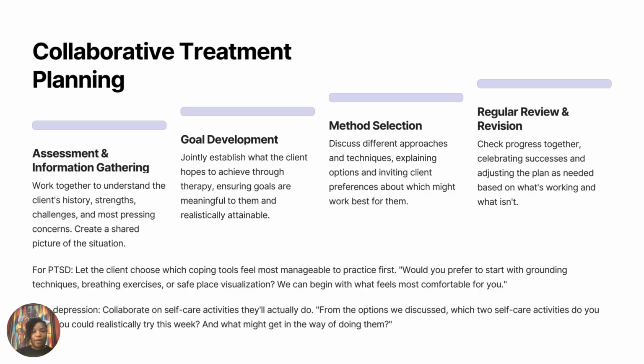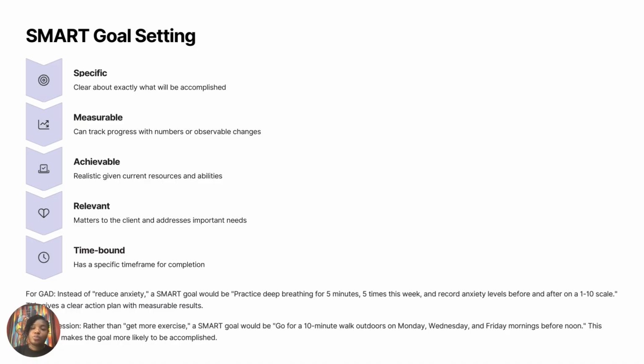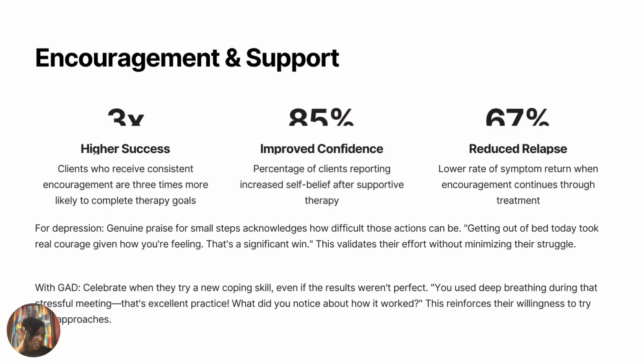So, keep that in mind. All goals must be SMART goals, meaning they must be specific, measurable, achievable, relevant, and time bound. When you ensure that the goals are SMART, it's more likely that the goals will be attainable for the client. Just some statistics.